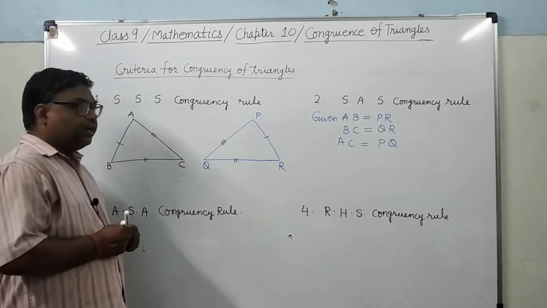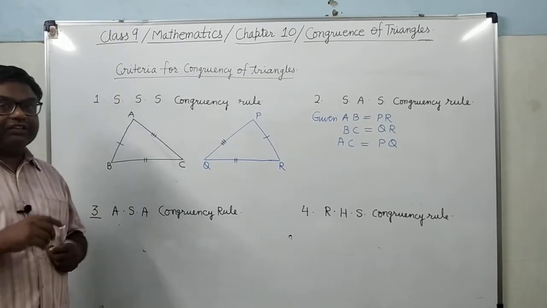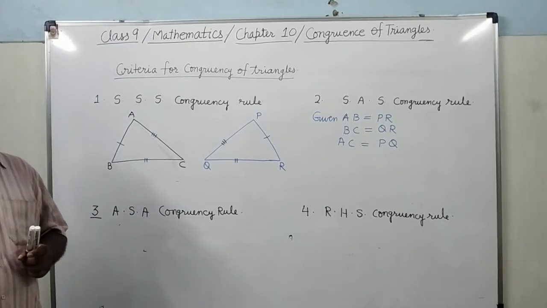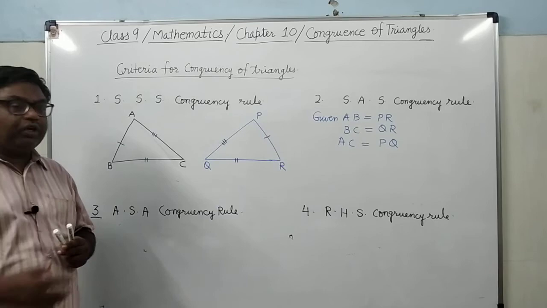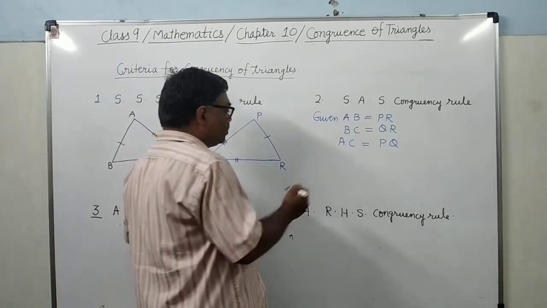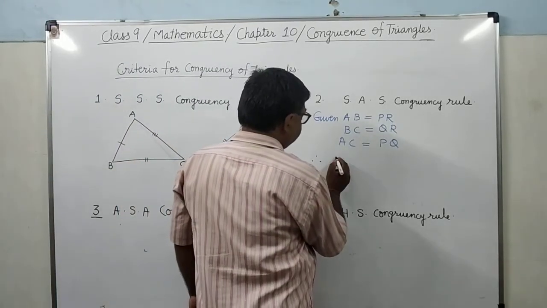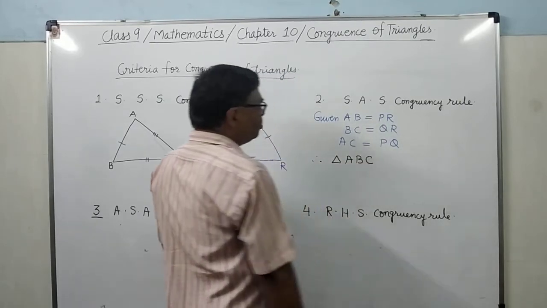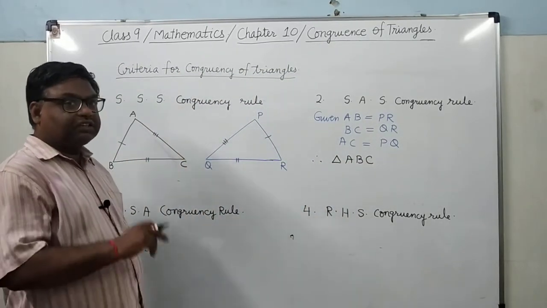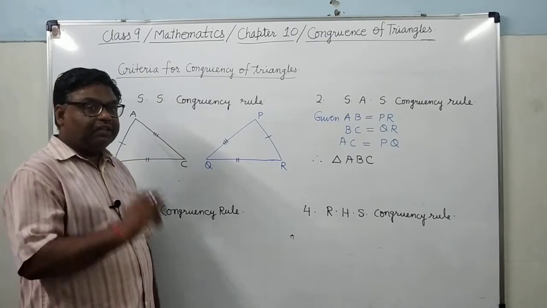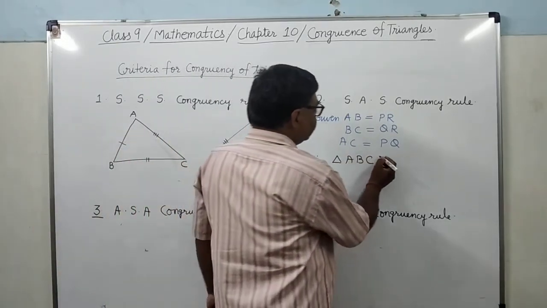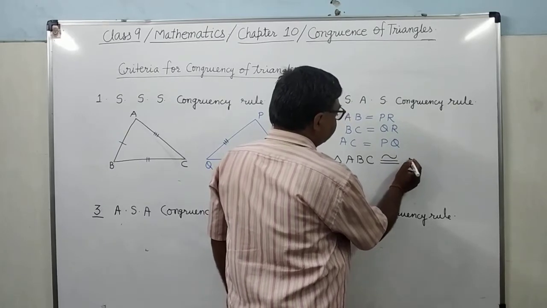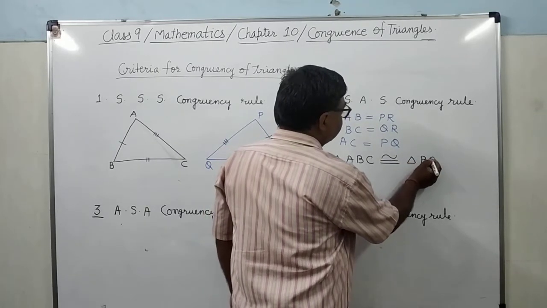So how will you write this mathematical statement that triangle ABC is congruent to triangle PQR in mathematical language? As we know that congruent triangles are similar as well as equal, this is the sign of similarity and this is the sign of equality, triangle PQR.